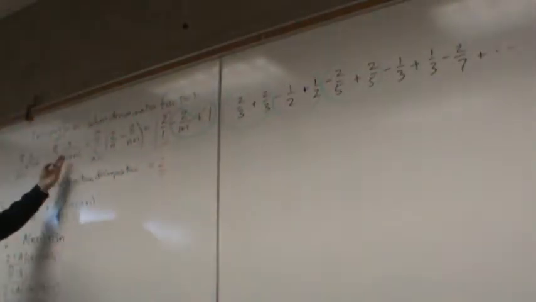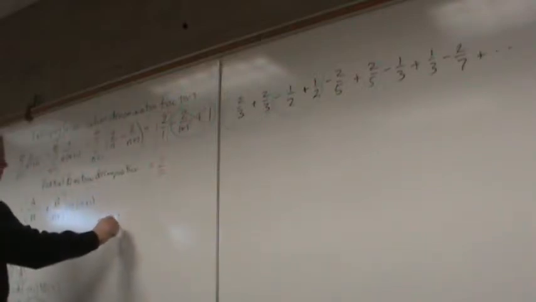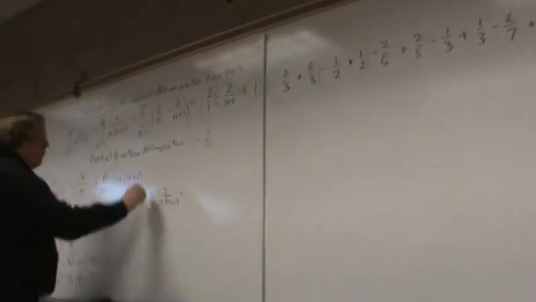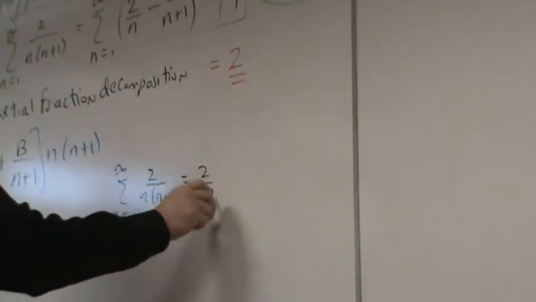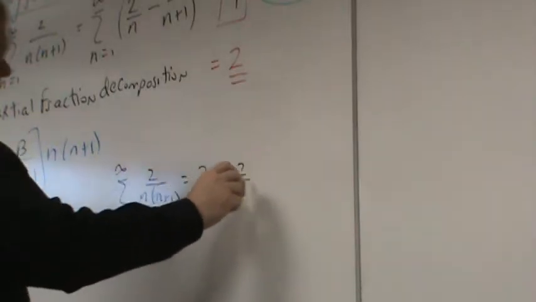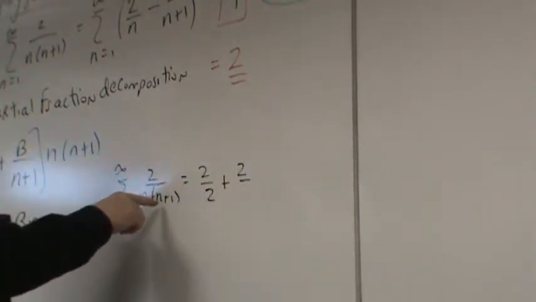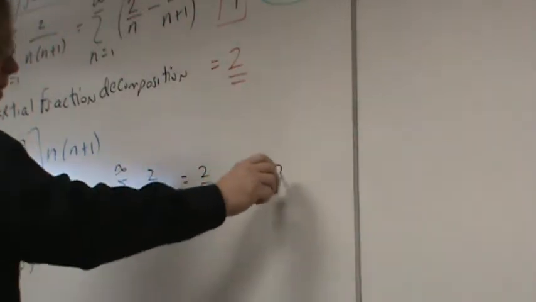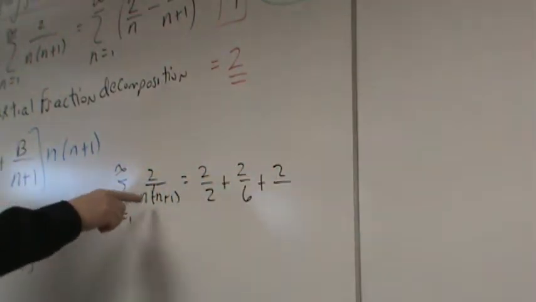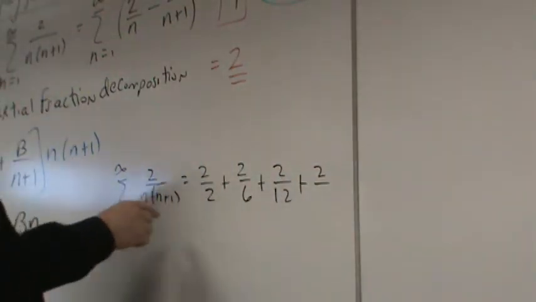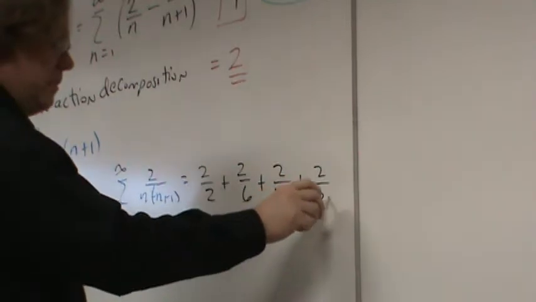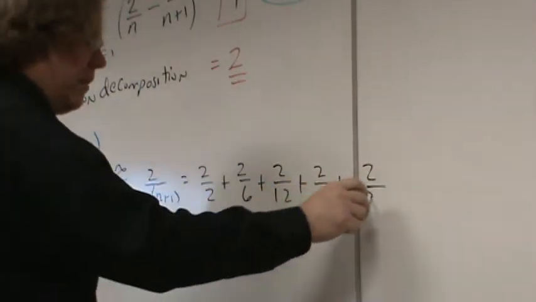If I didn't do this, if I was just plugging numbers in, then the sum of 2 over n times n plus 1, where n goes from 1 to infinity, I'd get 2 over 2 plus 2 over, you see 2 times 3 is 6, plus 2 over 3 times 4 is 12, plus 2 over 4 times 5 is 20, 2 over 30, plus.